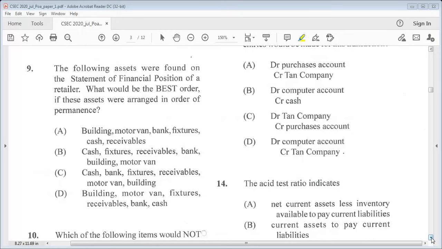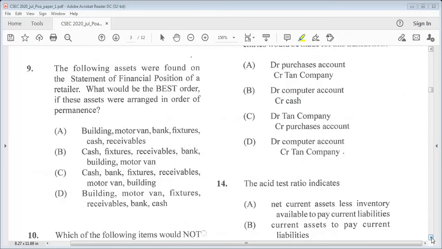The long-lasting investments are listed first. For example, cash in hand is the most liquid asset, so it is shown last.